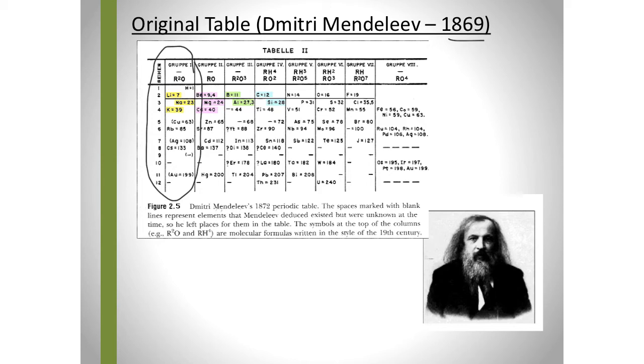So hydrogen, lithium, sodium, potassium, copper's also in there, rubidium, silver, cesium. So most of those are still currently in group one today. If you take a look at the electron configuration, everything in group one has one valence electron. Copper also has one valence electron, so it makes sense that Mendeleev put that in group one.